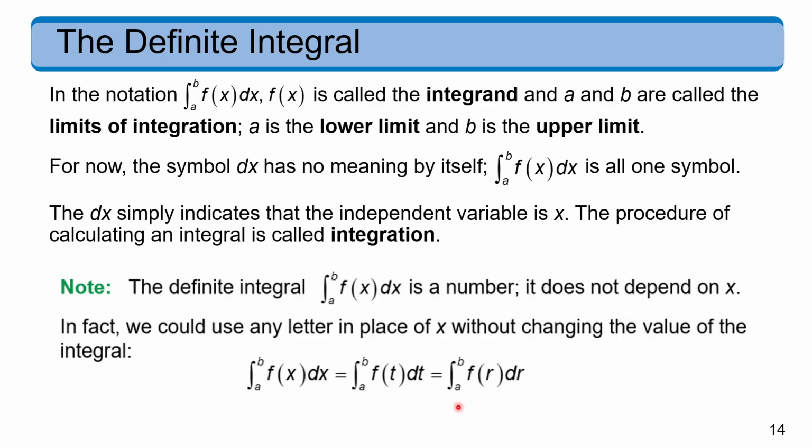So all three of these things represent the exact same situation. If you actually had a formula for your function f and numbers for a and b, this definite integral would produce a number that represents the area below the curve. And all three of these would give you the same number, right? These all mean the same thing.